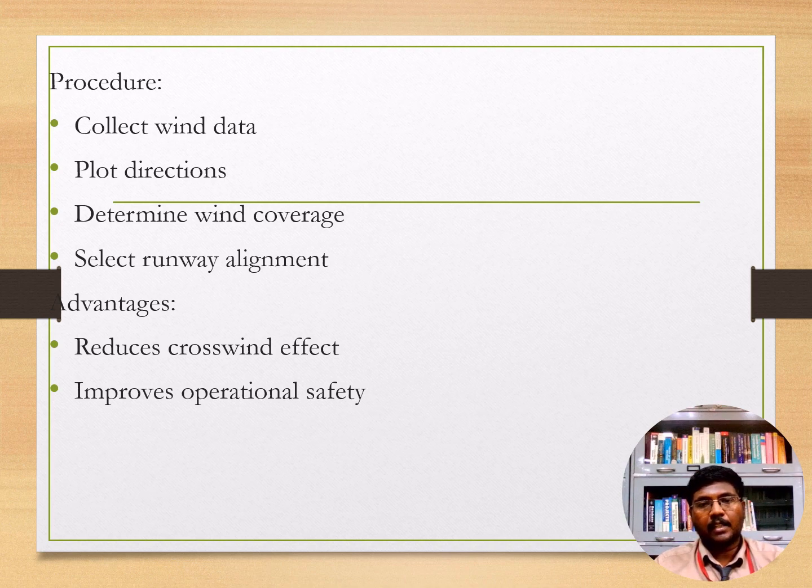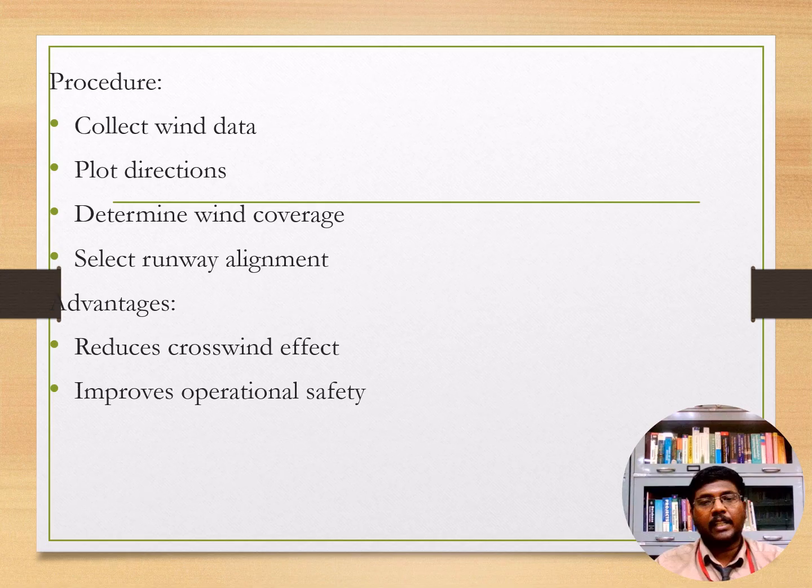After the collection of wind data, we plot the direction of each data on the location of each runway. At the end of plotting the direction, we determine the wind coverage by using the shortest distance between the 2 different directions of wind.